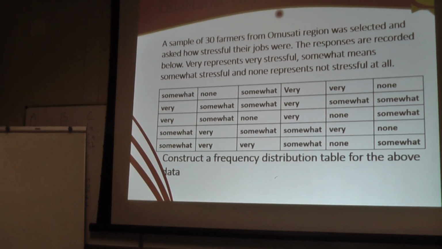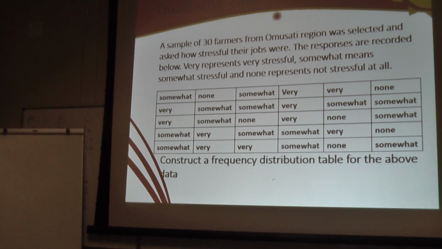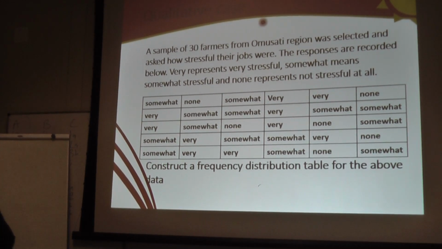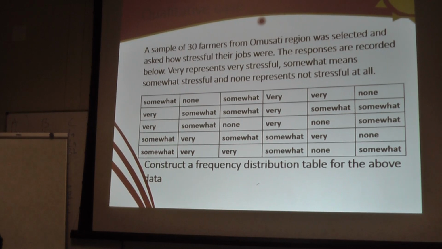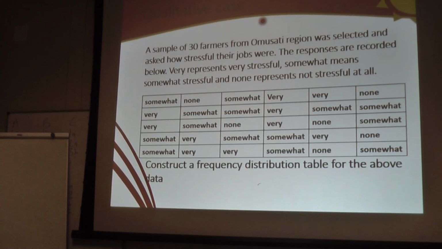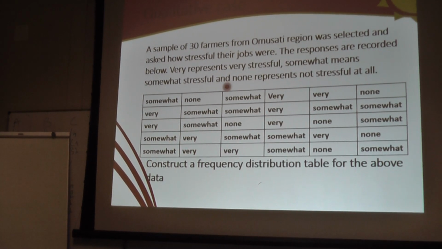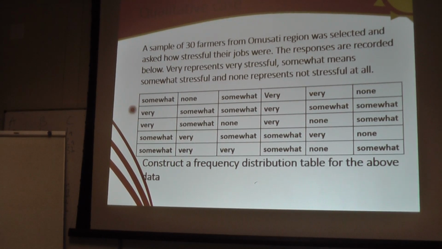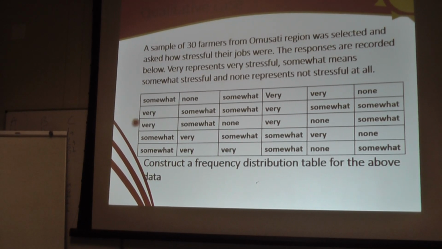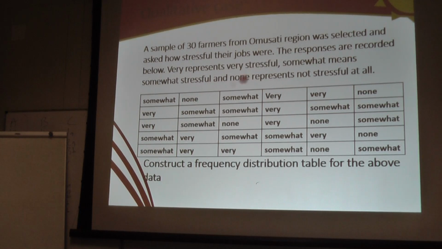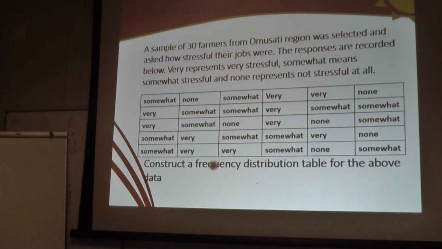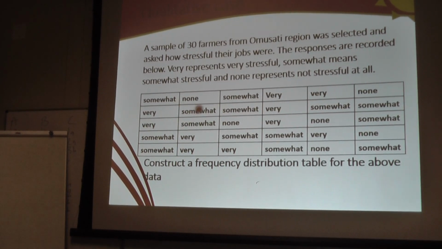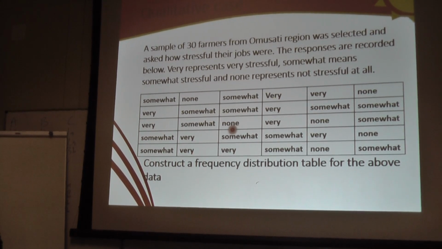In this case, we have a sample of 30 farmers from Umsat region who were selected and asked how stressful their job is. You can see the table here is a complete set of their responses. Each farmer is giving one response: very stressful, somewhat stressful, none, meaning the farmer is completely fine, is not stressed by his job.